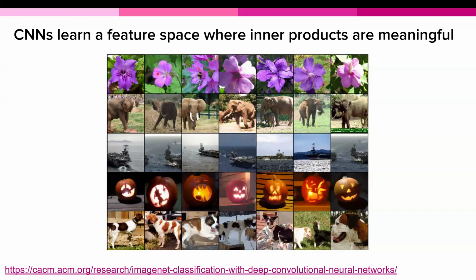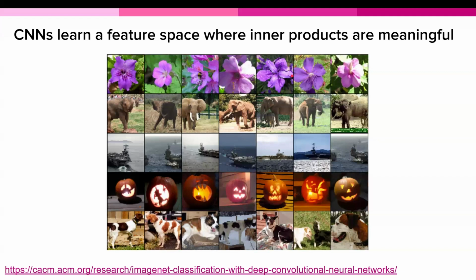Instead of relying on raw pixel data, the network is going to focus on abstract features like the edges, the textures, the shapes, or specific object components that are consistent across images within a class.